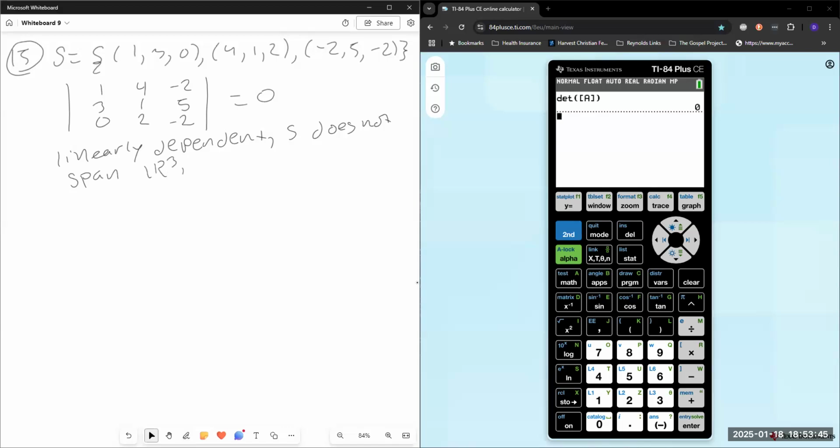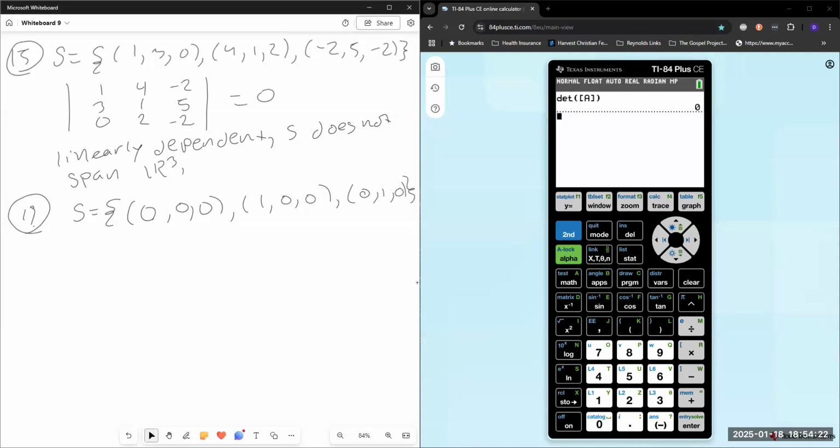Moving along, our next problem is number 19. S is equal to the set of (0, 0, 0). I already know that's a problem with the 0 vector in there. That can't help me span anything. (0, 1, 0).